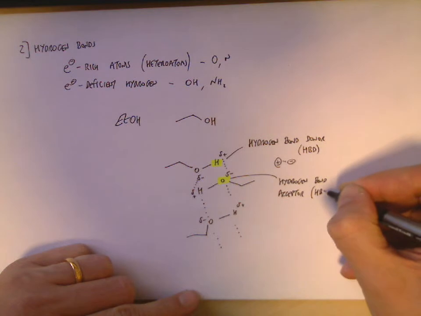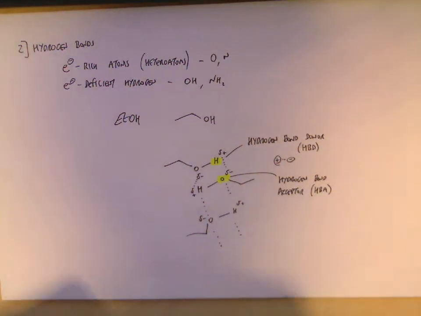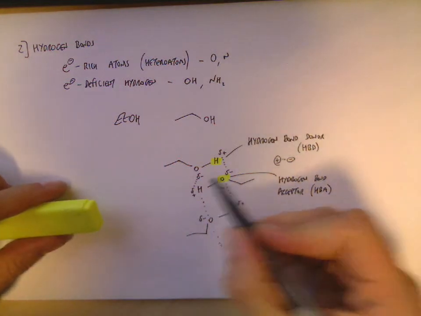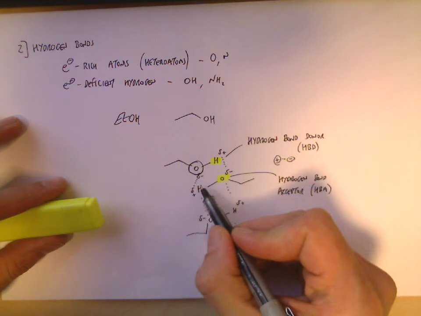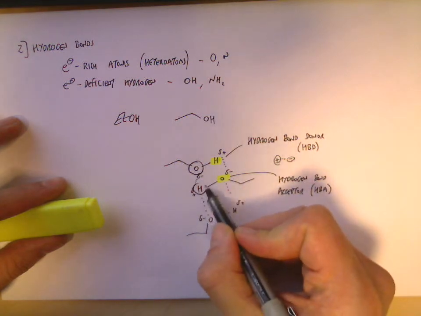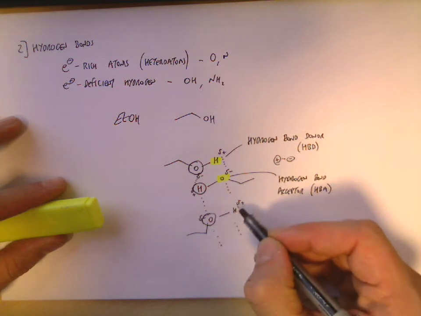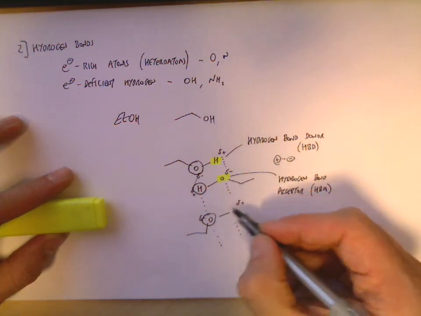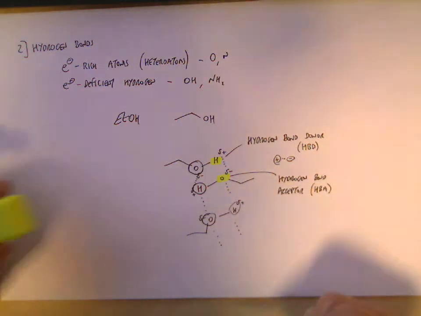And that's going to be important later on when we talk about Lipinski's rule of 5 in a subsequent video. By the same token, this oxygen is a hydrogen bond acceptor, and this ethanol molecule is a hydrogen bond donor at the hydrogen.